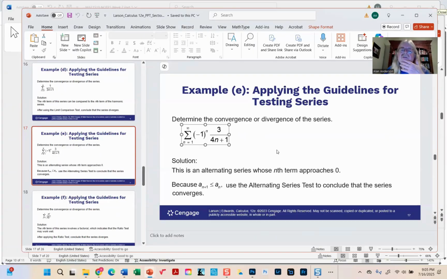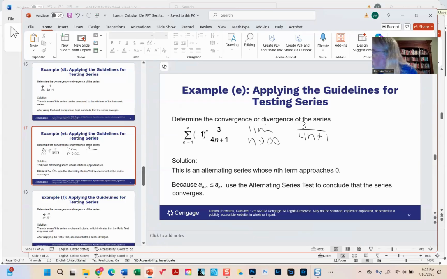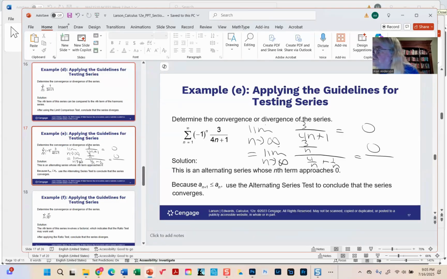If you look at this thing, clearly the limit, because if you divide out the ends, oh, sorry, that would be 4.